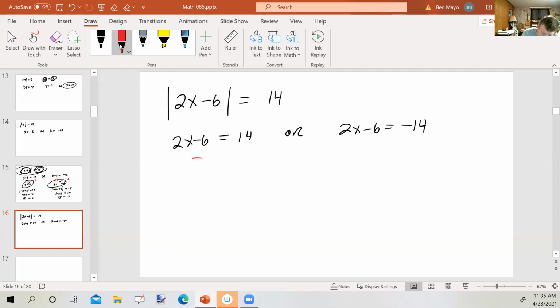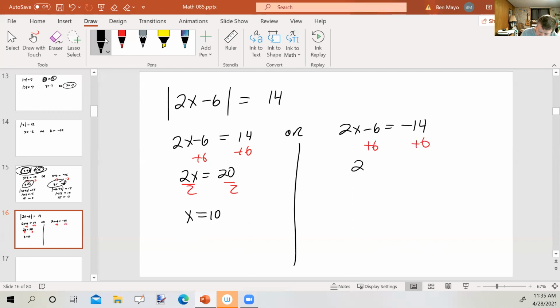Solving the first equation, we'll add 6 to both sides, giving us 2x equals 20. Divide both sides by 2, giving us x equals 10. The second equation, adding 6 to both sides, we get 2x equals -8. Divide both sides by 2, and we get x equals -4.